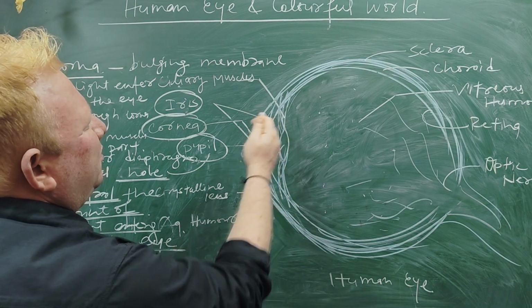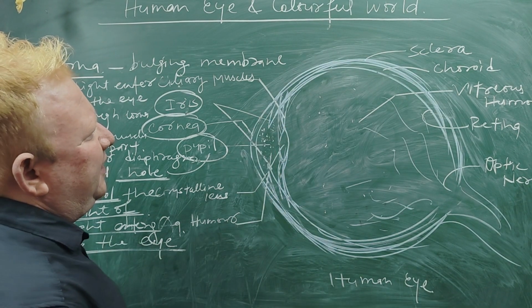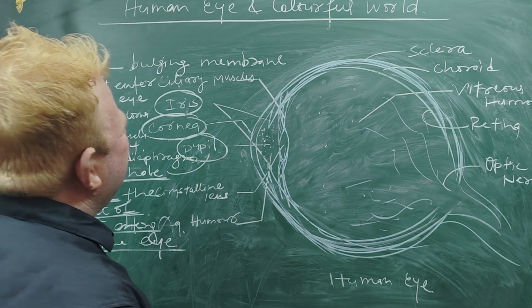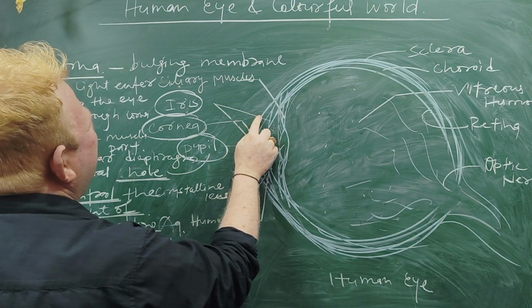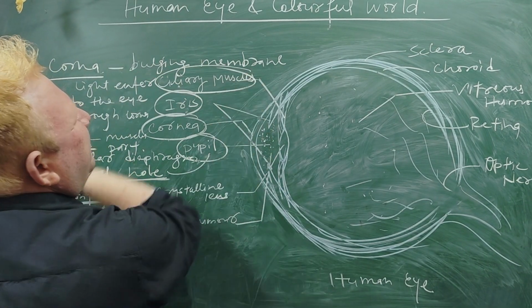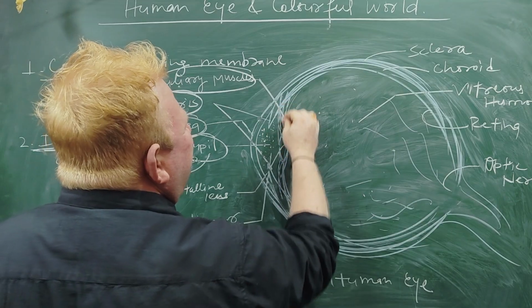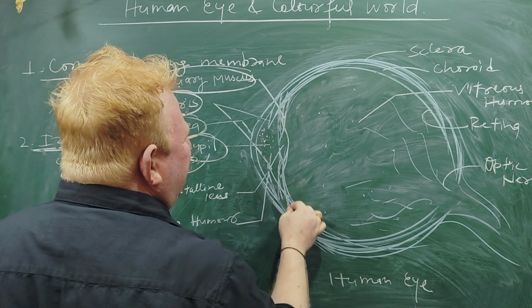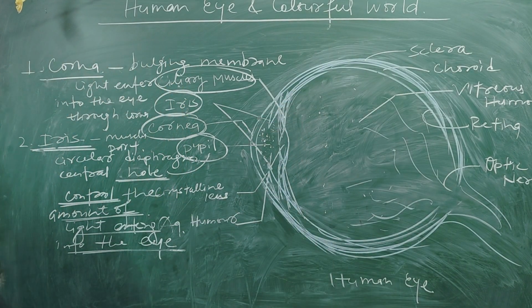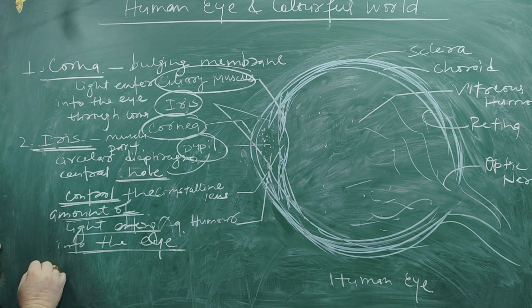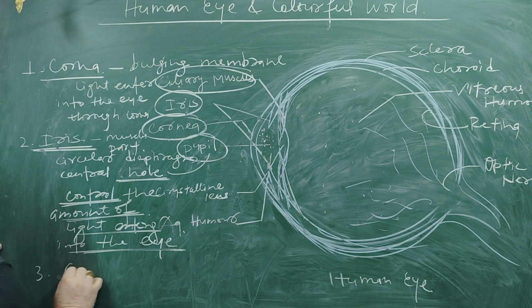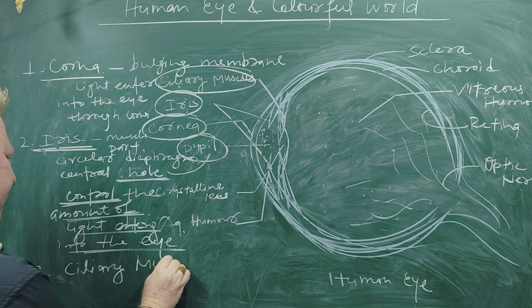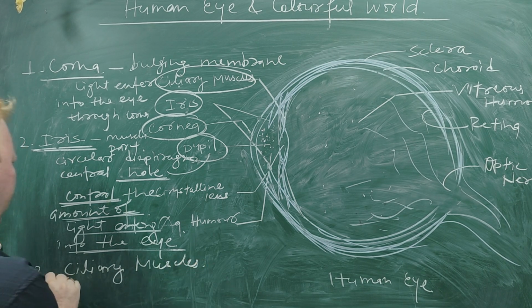Behind the iris one more muscular part is there, which is very important, and this part is the ciliary muscle. This one is the ciliary muscle, right? What is the ciliary muscle?